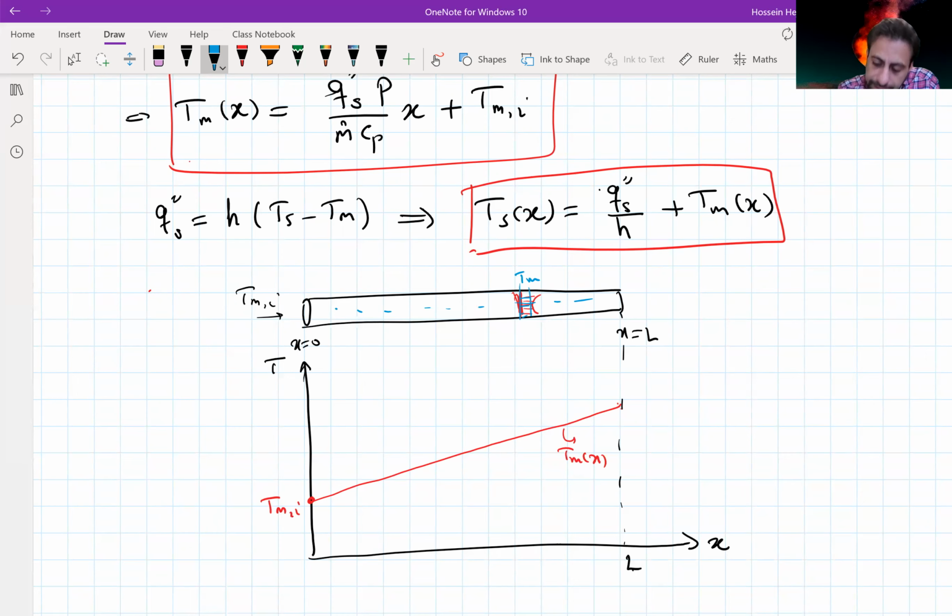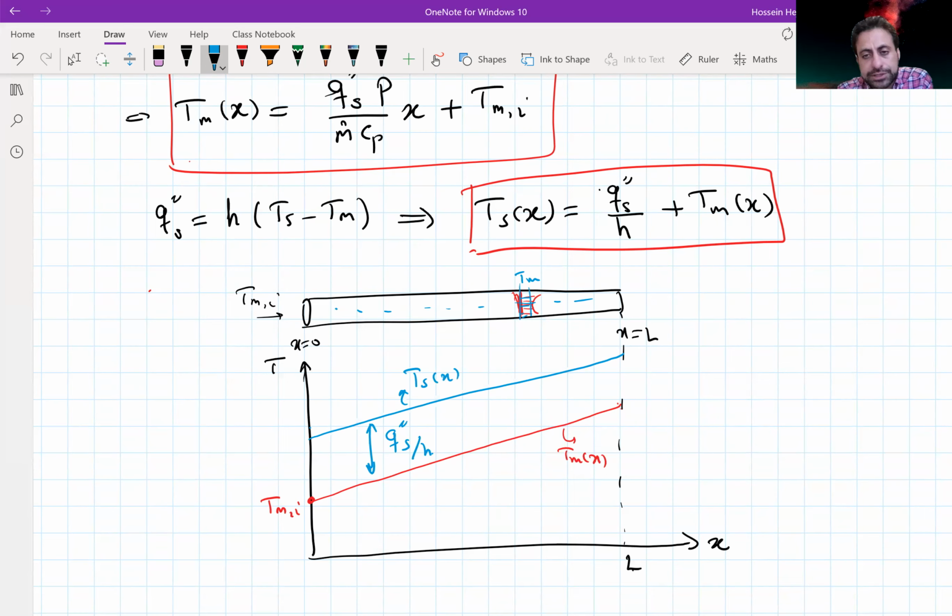If I similarly plot the surface temperature, Ts of x, the difference between the two is q double prime s divided by h.